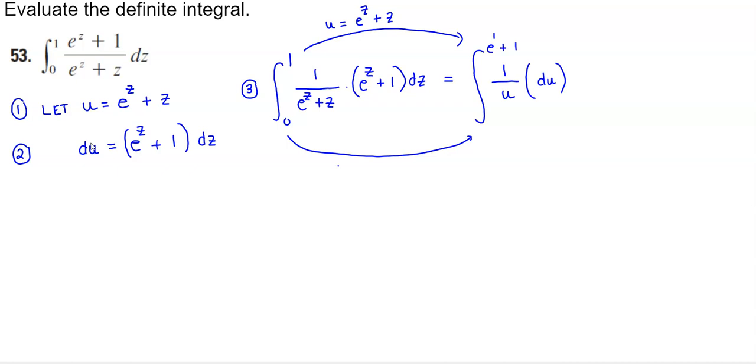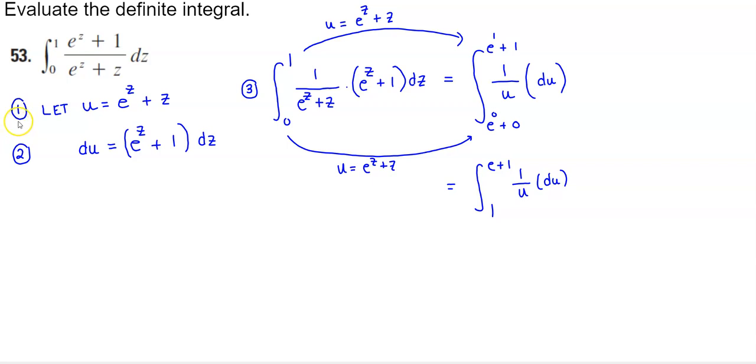For the lower bound, we have u, which is equal to e to the z again plus z, so that's going to be equal to e to the 0 plus 0. So now let's go ahead and substitute here. We know that e to the 1 is just going to be e, plus 1. We know that e to the 0 is 1, and 1 plus 0 is 1. And then we have 1 over u du.